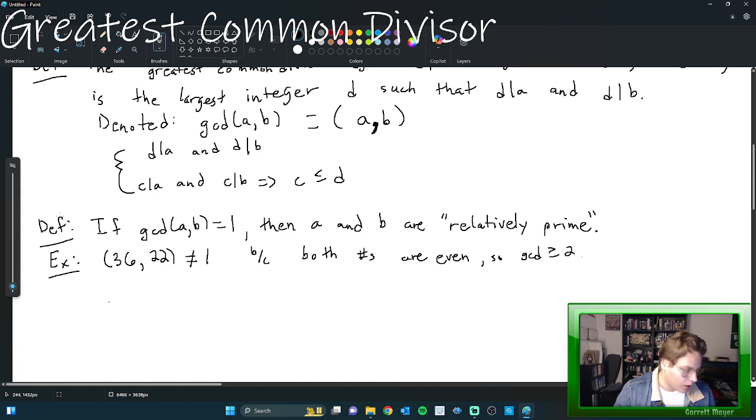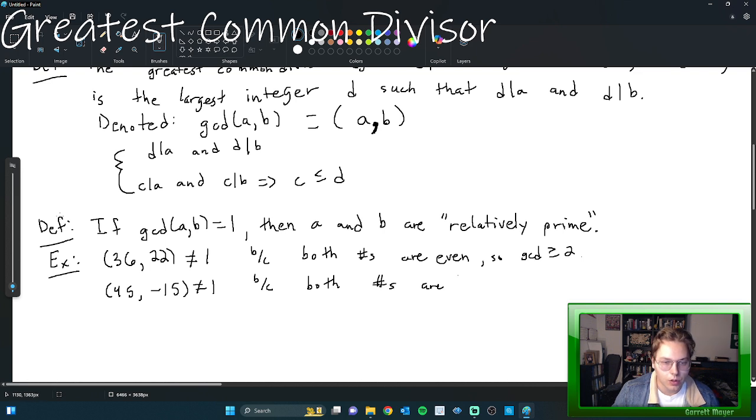Another example, look at 45 and negative 15. That GCD is also not equal to 1 because both numbers are divisible by 5, so the GCD is greater than or equal to 5.